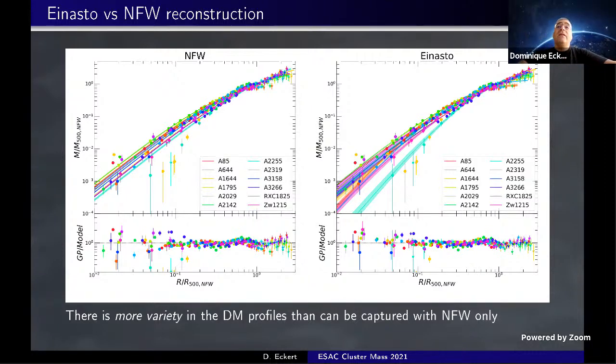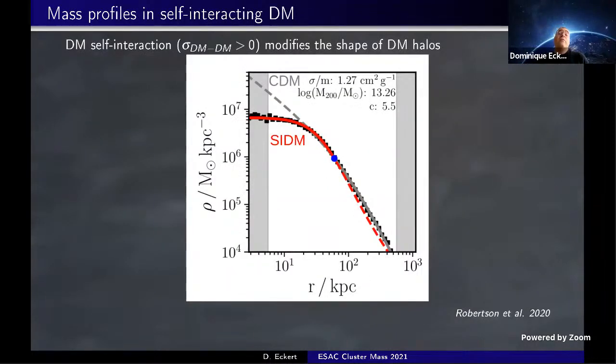So here is the comparison between the NFW, Einasto, and non-parametric reconstructions. And what you can see immediately is that the Einasto is doing a better job at reproducing what we see from the non-parametric methods. Now, what we can do a little bit further, now that we have these measurements from the Einasto profiles, is compare our measurements with the lambda CDM assumptions, and especially deviations from lambda CDM that would occur in the case the dark matter interacts with itself.